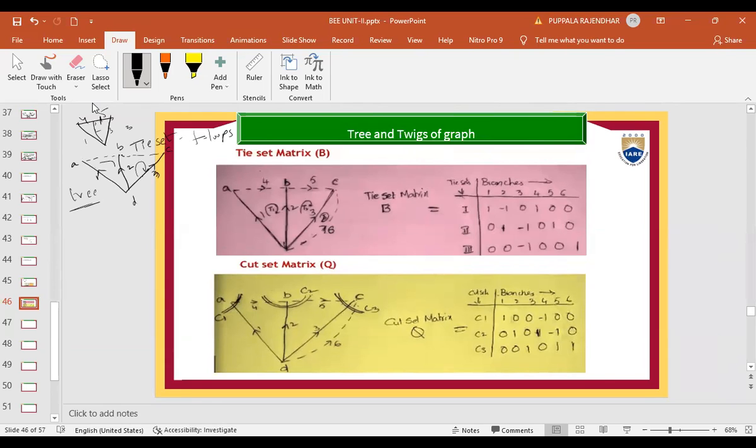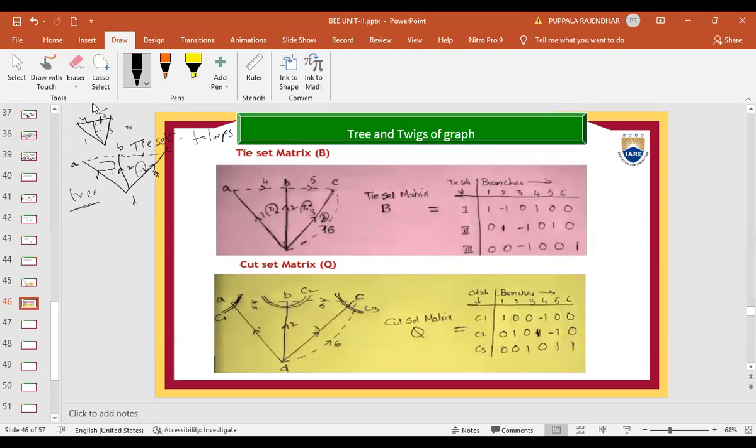One more loop is formed here, right? How was this loop or tie set formulated? By adding this link, it was formulated.